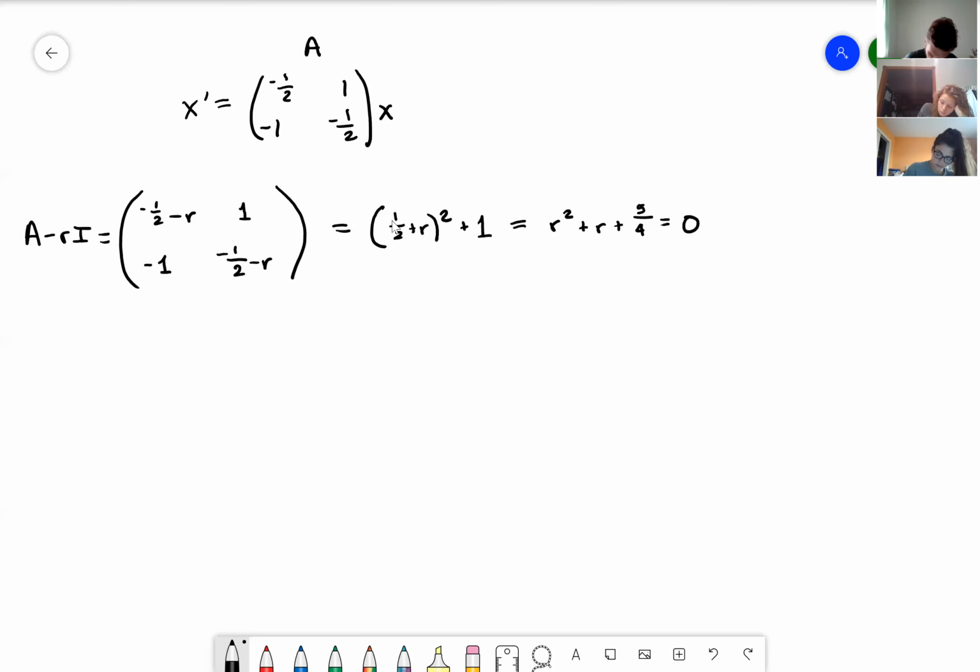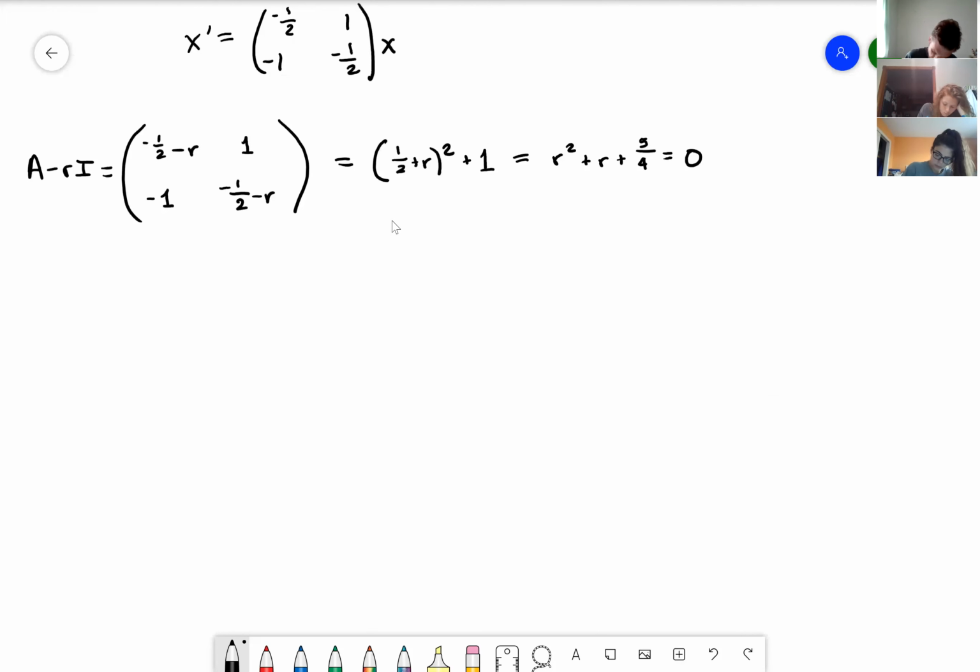And let's see, what do we get for roots of this? So I'll just go ahead and use the quadratic formula. So minus b plus or minus square root of b squared minus 4ac, that's 5, divided by 2a.